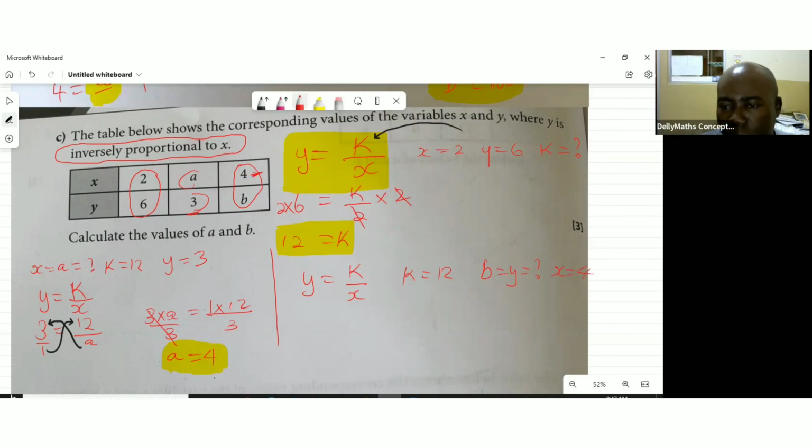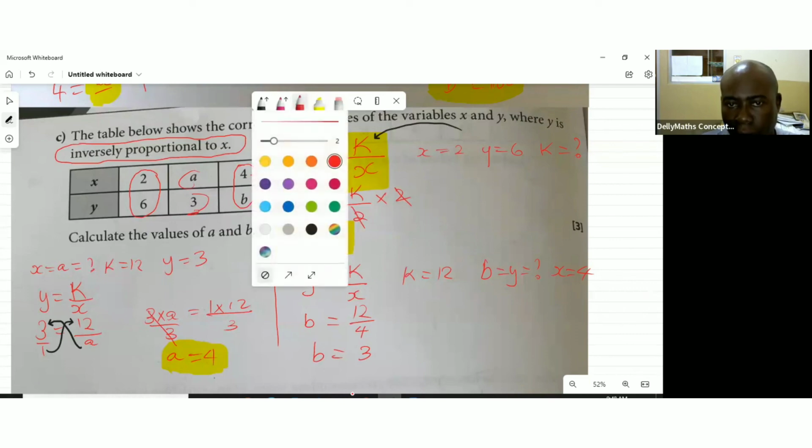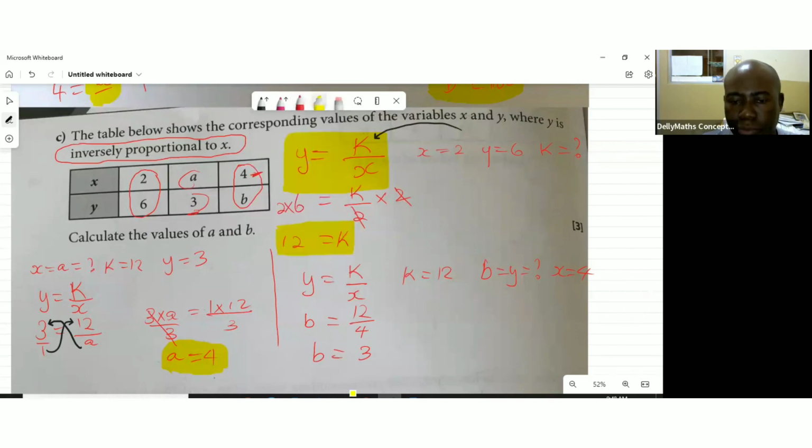So then in substituting, B is for the y value, so I'm putting the B where the y is, equal to 12 over 4, which is 3. So B is 3 when x is 4. And you could see when x is 4, B is 3. All right. So there it is. We have found those values.